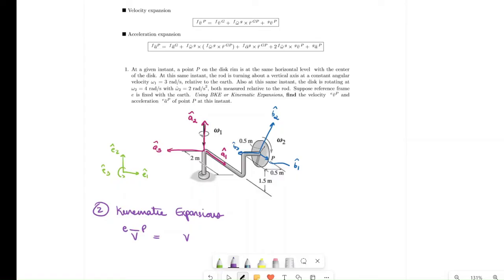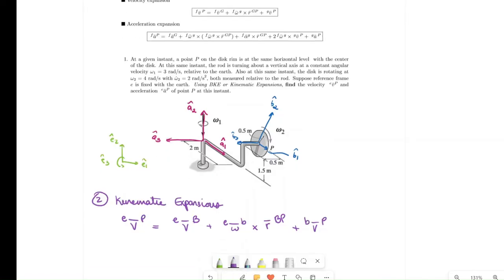Then we need the velocity of our fixed point, which I'm just going to call capital B, with respect to the E frame, plus the angular velocity of the frame that we are finding the velocity of P very easily in. So that frame is going to be frame B. So we have the B frame with respect to the E frame, crossed with the distance between the fixed point in the B frame to point P, plus the velocity of point P with respect to the B frame.